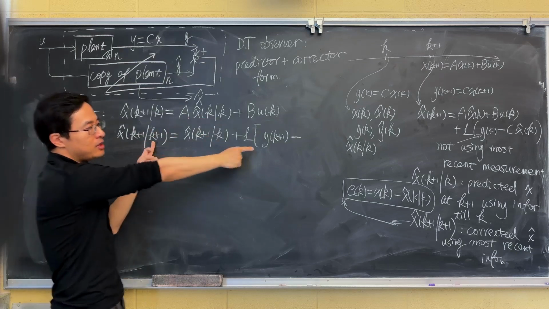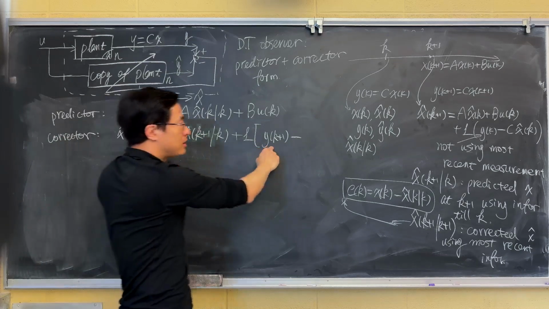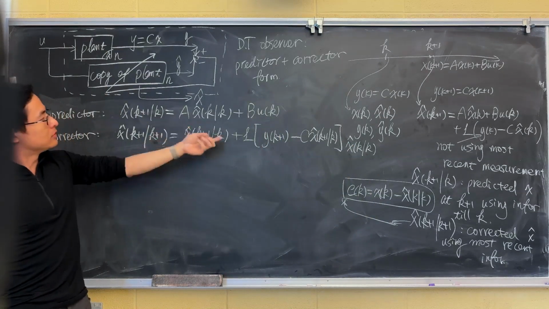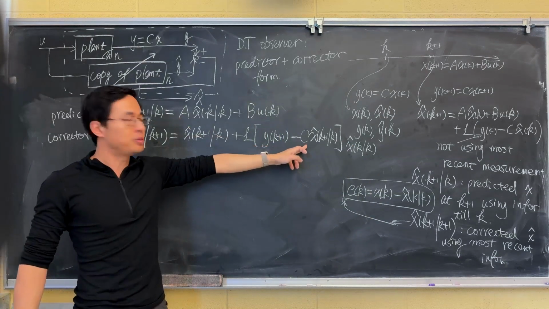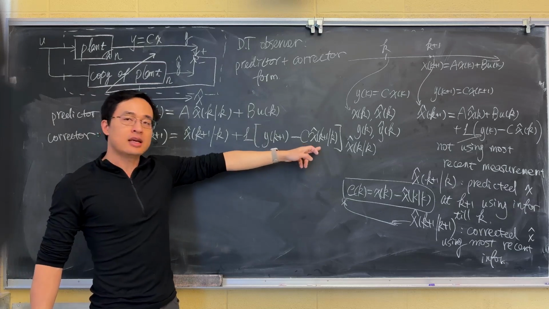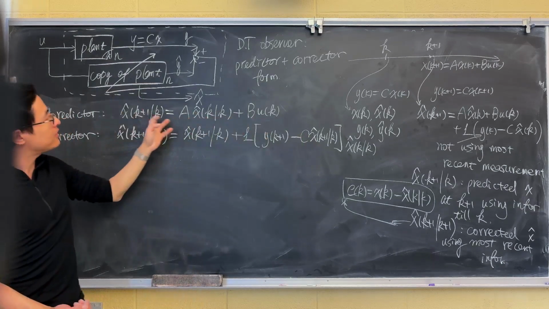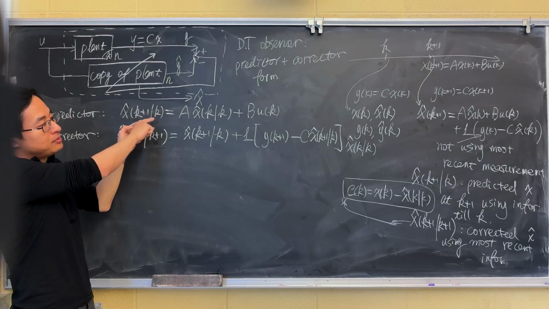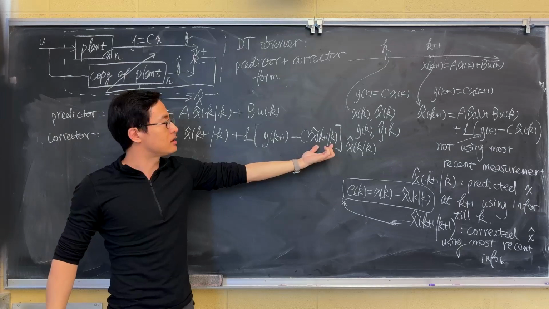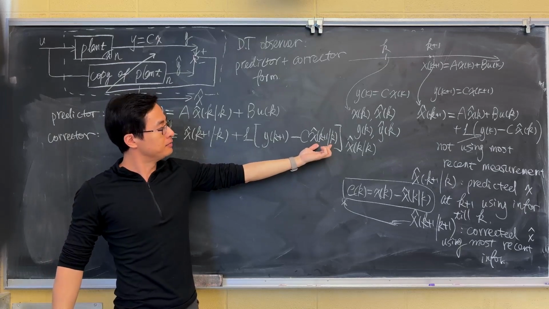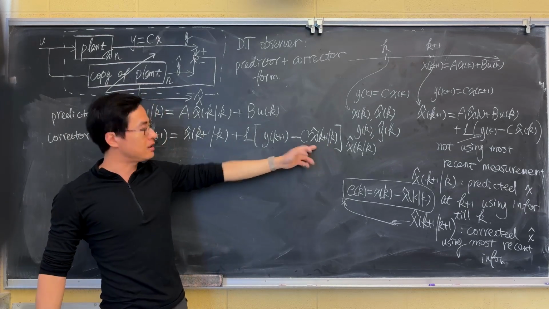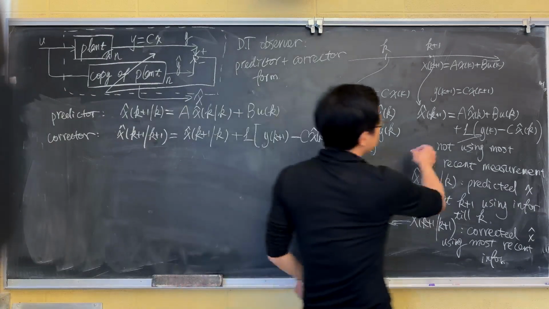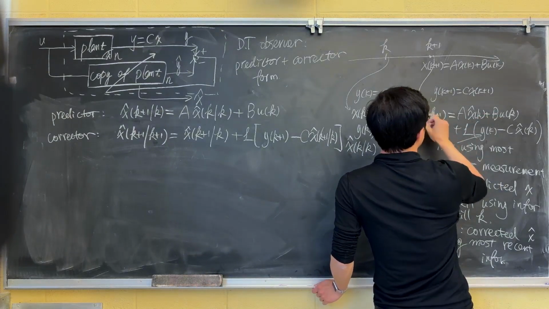After I take this measurement, I have this. So I try to integrate this inside, and then subtract the estimated output. And this estimated output is, again, using whatever I have in this predictor step. So in the predictor step, this is the best that I can have so far. And then your C times x hat becomes the estimate of the output at k plus 1. You can compare this with this one.